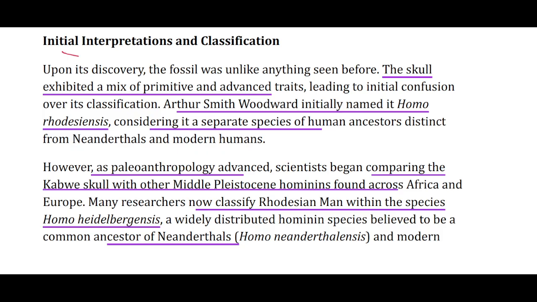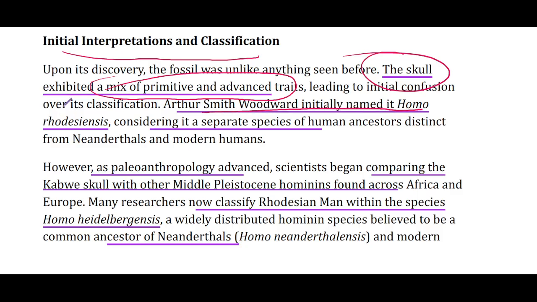Now, as for its initial interpretation and classification, the skull exhibited a mixture of primitive and advanced traits, and later Arthur Smith Woodward named it Homo rhodesiensis, considering it a separate species of human ancestor which was distinct from both Neanderthals and modern humans.